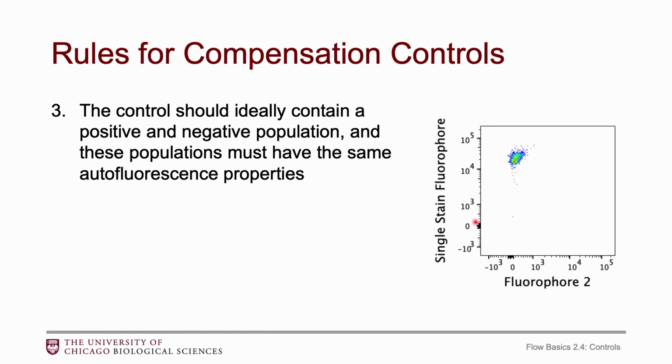So if the PE positive population is in compensation beads, then the PE negative population needs to be compensation beads. If you put the FITC positive population on cells, then the FITC negative population cannot be on compensation beads because cells and beads don't have the same autofluorescence properties.